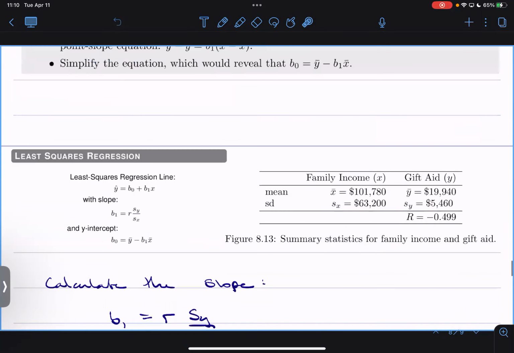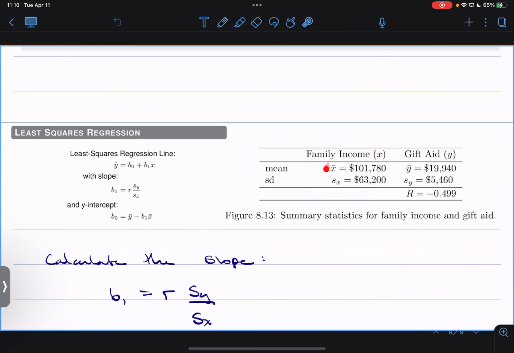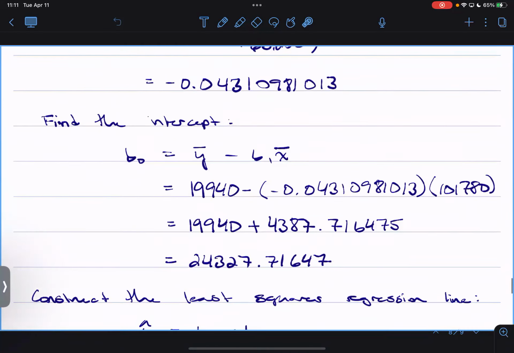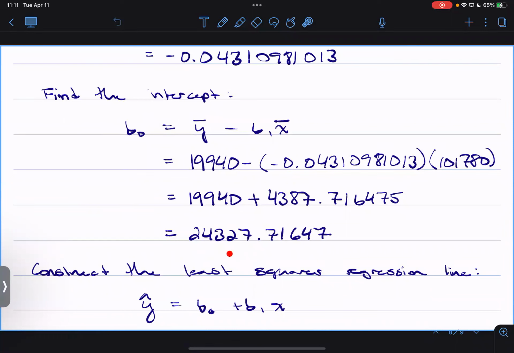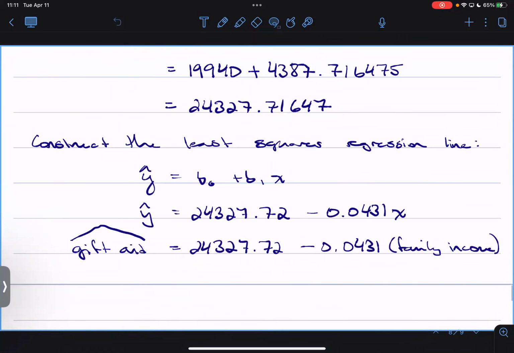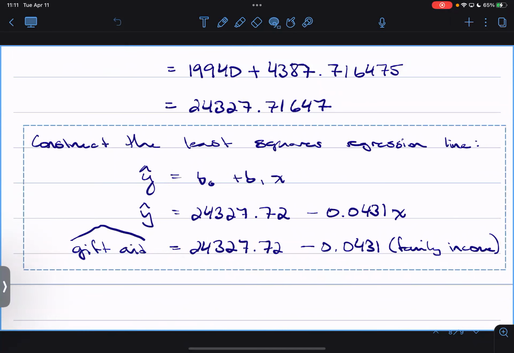Then we were given this information here, and we were able to use that to calculate the slope and the intercept. We found that the slope is negative 0.043. And then we found the intercept, 24,327 and 72 pennies, because it's in money, right? And then we kind of ended here.